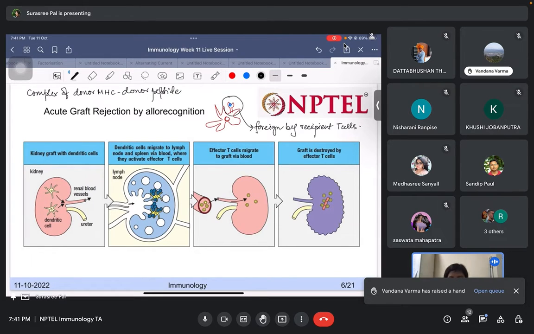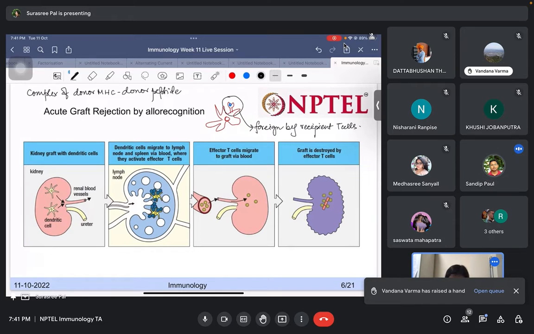Rather, all the cells that are present in the graft will be killed. How will the T cells identify the other cells? Actually, it creates a cytokine milieu where these cytokines act on the nearby cells also. So in that way the whole graft, and this is not very clearly figured out, is actually rejected. All the cells are rejected, and the graft is destroyed.